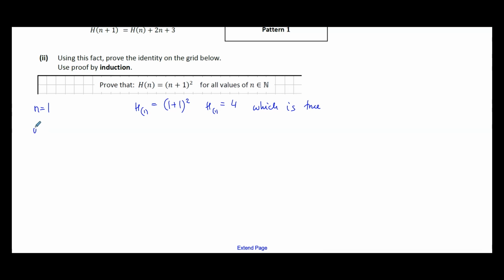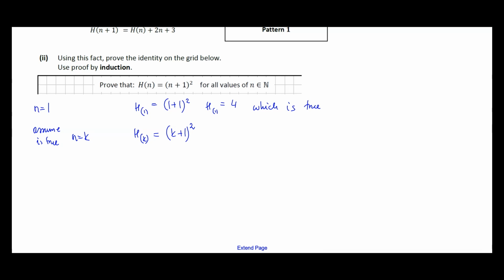Now, the next part, we are assuming that it is true for n equal k. In this place, we're basically replacing n with k. That's all it is. So h of k equals k plus 1 to the power of 2. This is our assumption that this is true. In the next step, this is where we are proving.